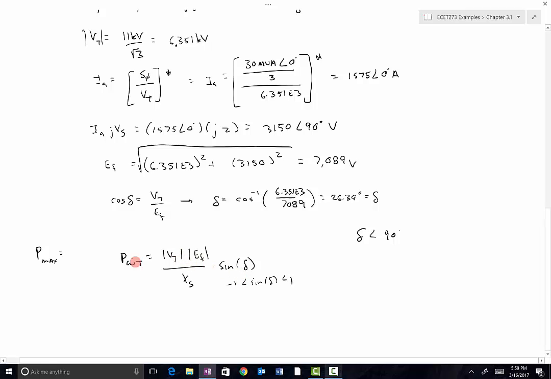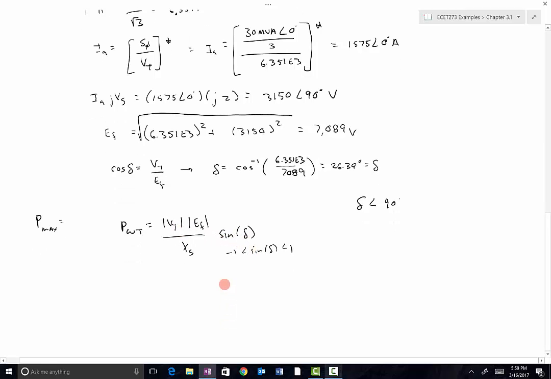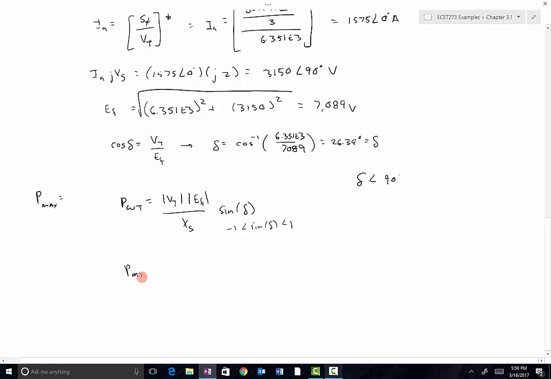That means this equation here maxes out when sine of delta is 1. And so we get P_max. The maximum power that a generator can deliver is going to be equal to the absolute value of the terminal voltage times the absolute value of the field divided by X_S.